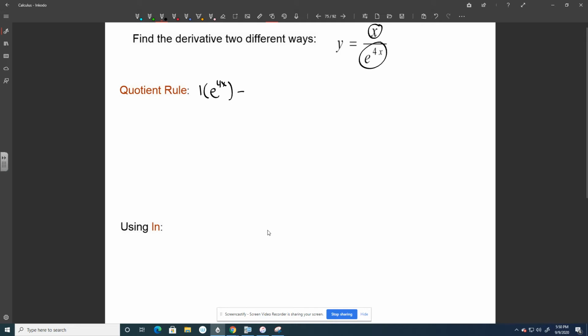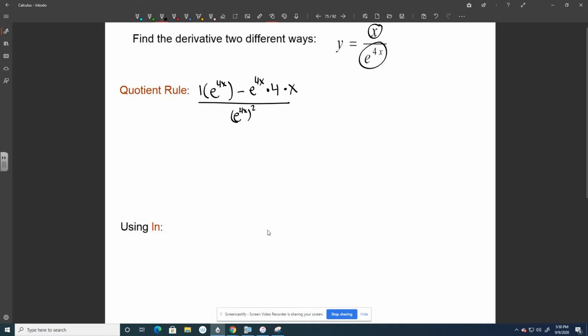Well, the derivative of e to the 4x is just e to the 4x multiplied by the derivative of that exponent, multiplied by the 4. And then I need to multiply by the top again, which is just x. And all of that is going to be over e to the 4x squared. So I'm going to put e to the 4x squared on the bottom.